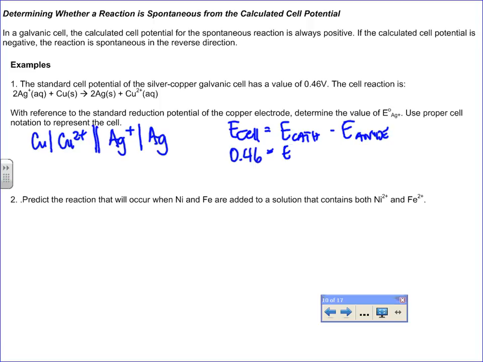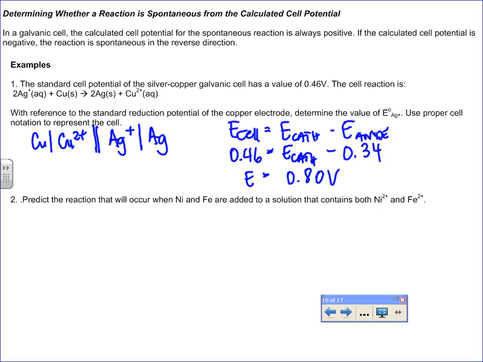So that's our unknown, and we know from our previous example that the anode has a potential of 0.34. So this shows us that the reduction potential of silver is 0.80 volts. And if you look at the standard reduction potentials, you'll see that that is the case.